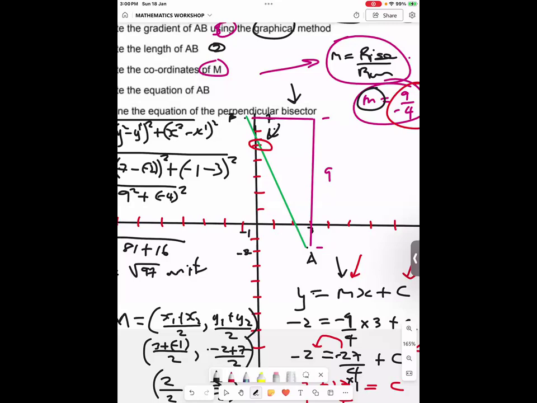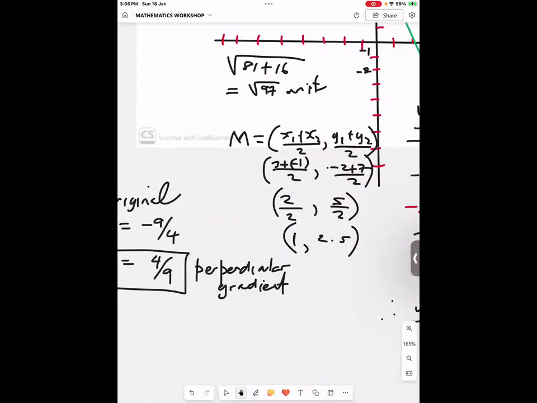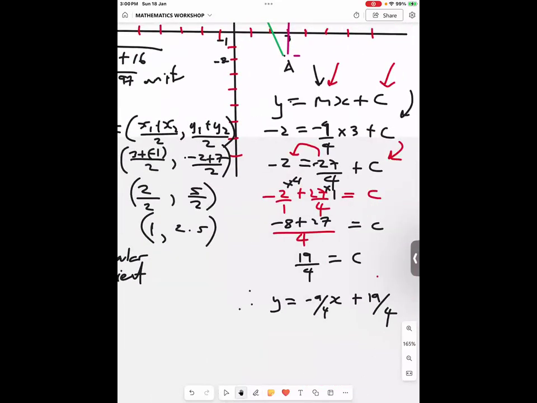In coordinate geometry, we replace the word center with midpoint. So in this case, the bisector of this line is going to be the midpoint that we had calculated earlier.